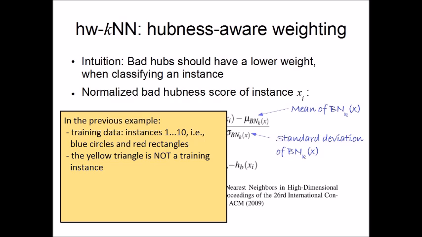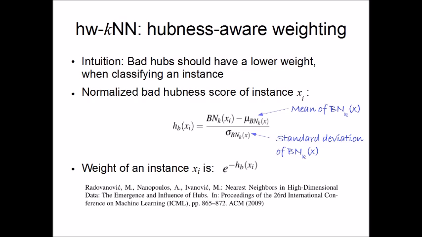And what we want to do is to reduce the influence of those training instances which frequently appear as bad nearest neighbors of other instances. Therefore, those instances that appear frequently as bad nearest neighbors of other instances will be associated with a low weight, whereas those instances which never or just rarely appear as bad nearest neighbors will have a high weight.